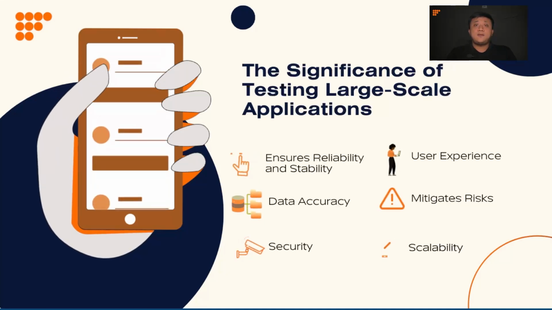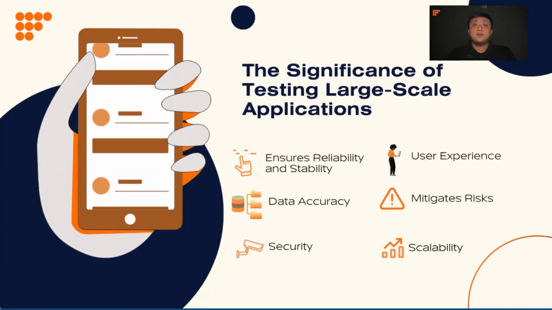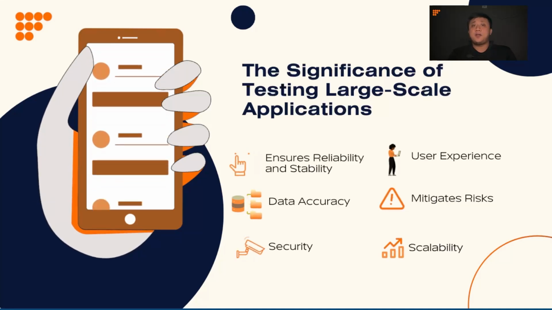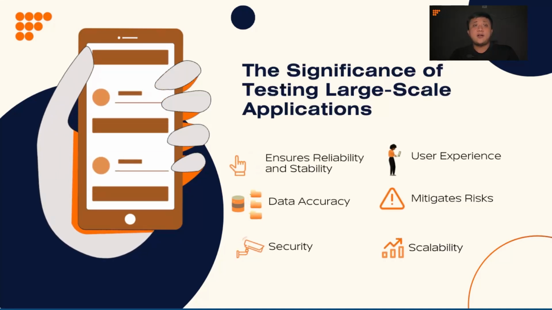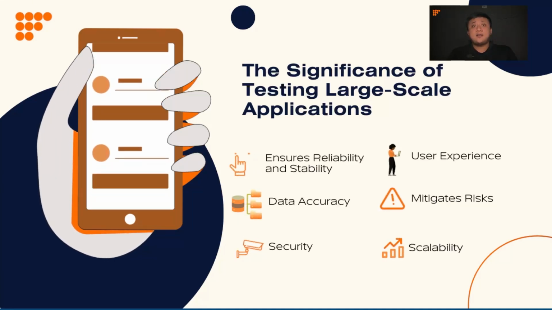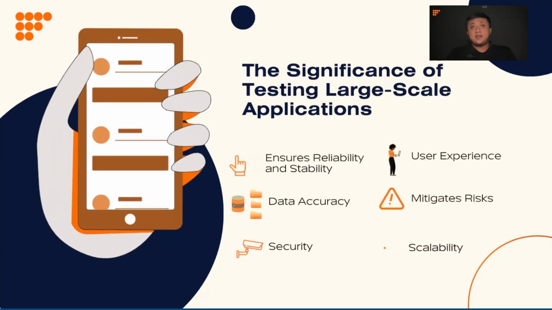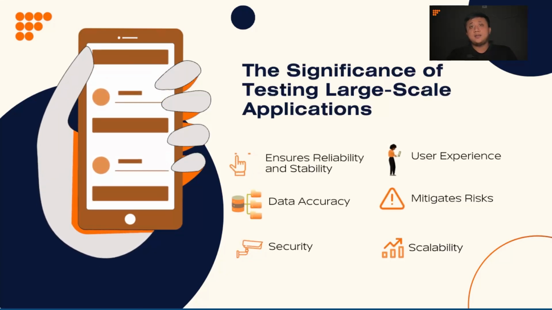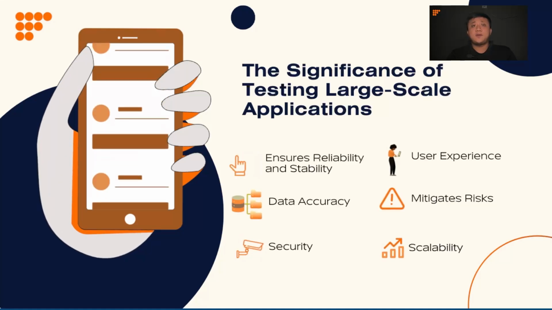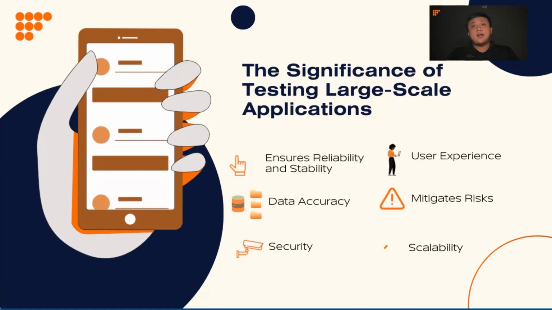First is reliability. We need to make sure the application doesn't crash under heavy use. Next is data accuracy. It's essential to keep transactions correct and consistent. Then security: protecting users' information from breaches is a top priority.